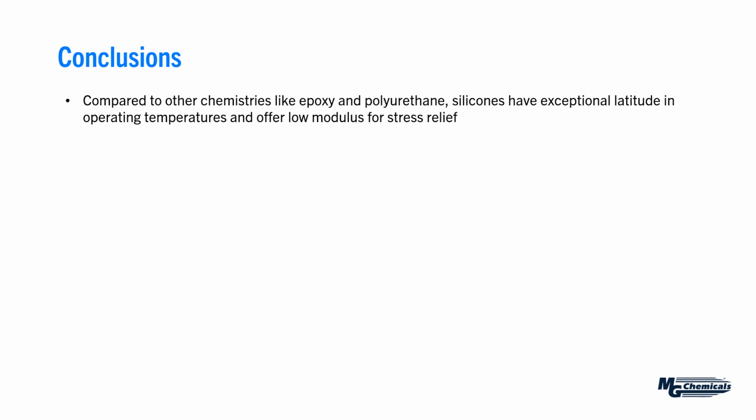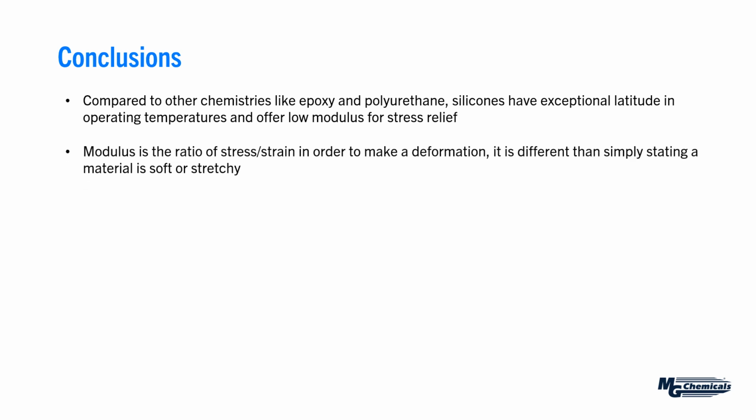So that is something to balance with the other requirements. Modulus is the ratio of stress over strain. So again, if we take 2 elastic bands, and we're able to pull them the same distance apart, that doesn't mean they have the same modulus, because one might be more difficult than the other. So remember, it's that ratio of the stress over strain.